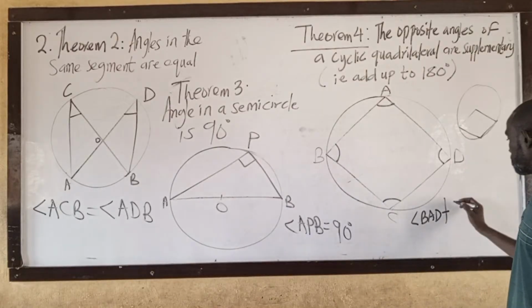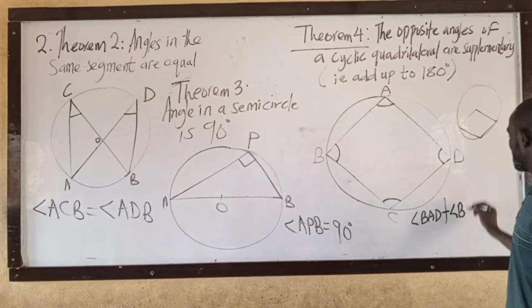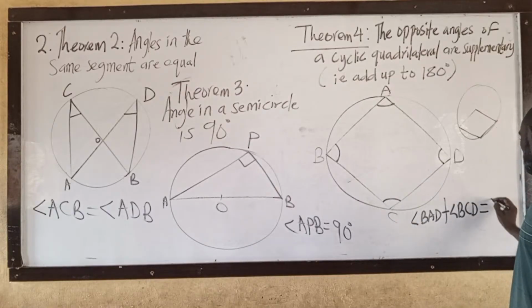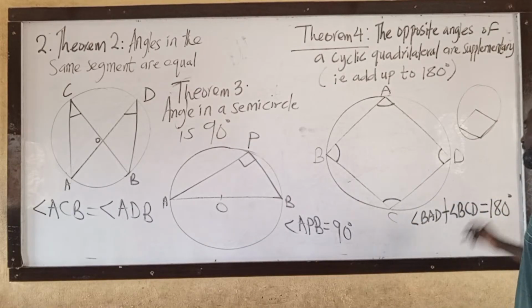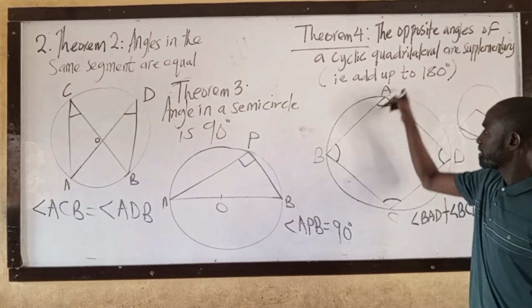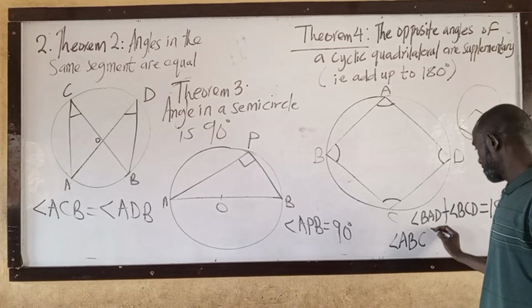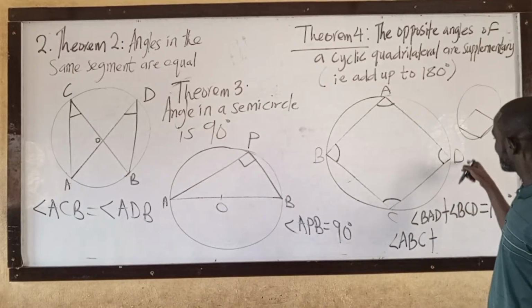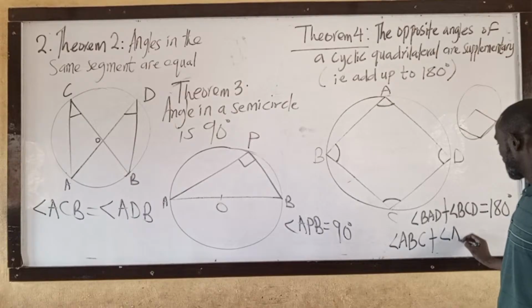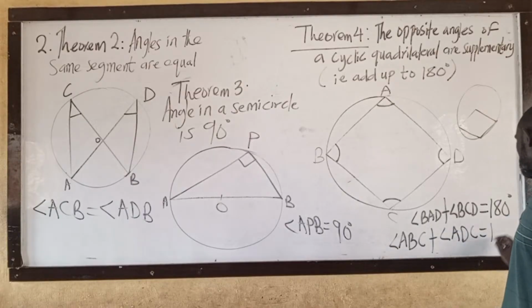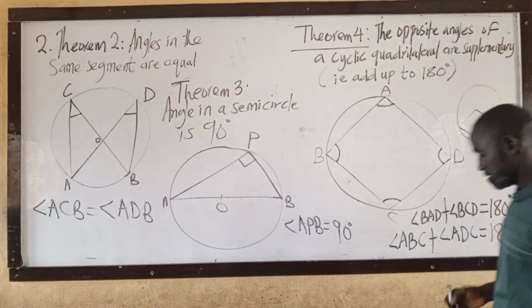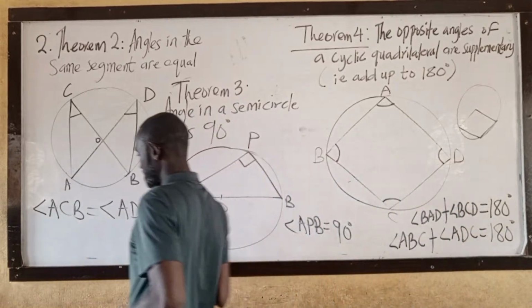So plus angle B C D equals 180 degrees. Similarly, let me name this one A B C. Angle A B C plus angle A D C equals 180 degrees.